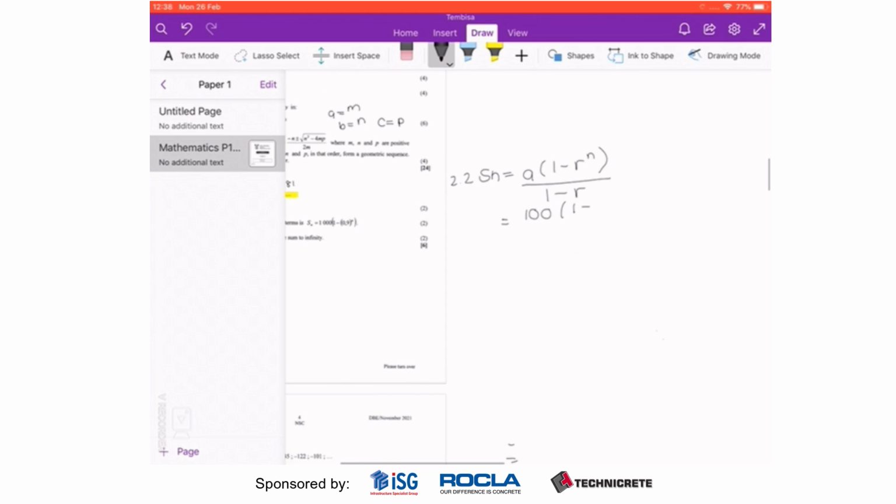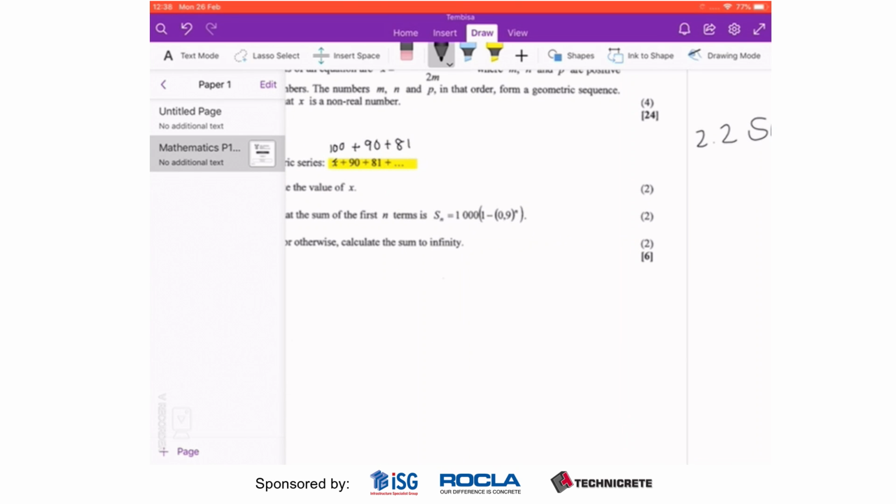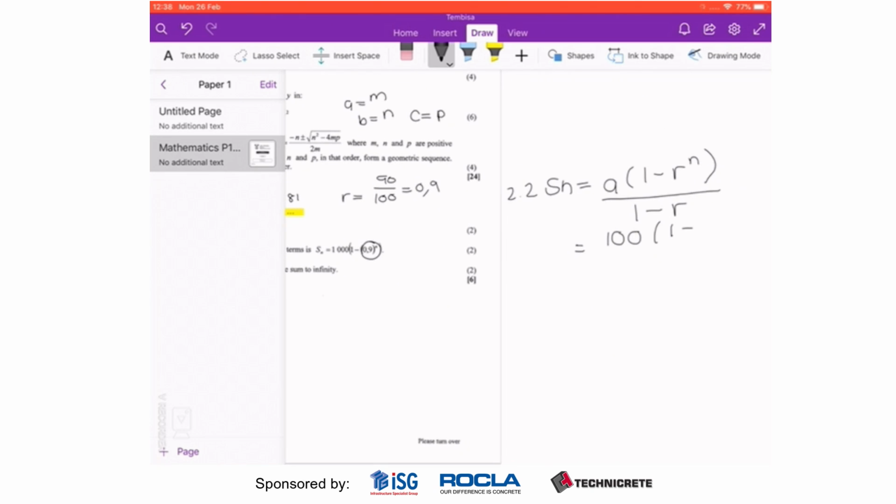So let's find r. So r is a term over a term, so 90 over 100, which is 0.9. So I'm correlating what I'm seeing here because this is what I'm trying to calculate. Okay, so I've got a 0.9. So 1 minus 0.9, let's put it in brackets so that we get the same thing as what we have here, over 1 minus 0.9.